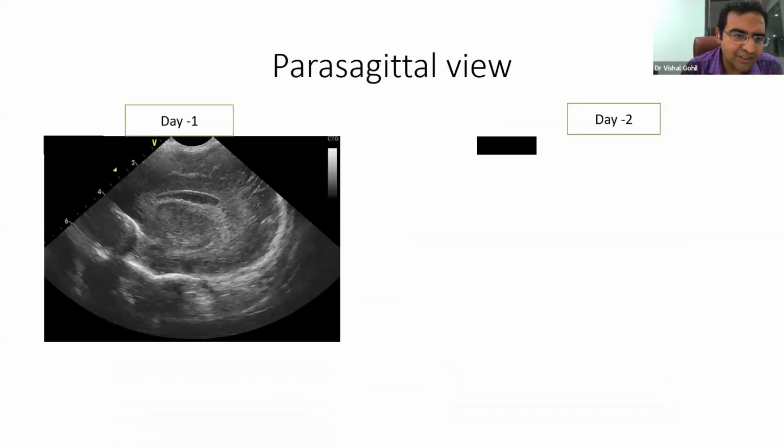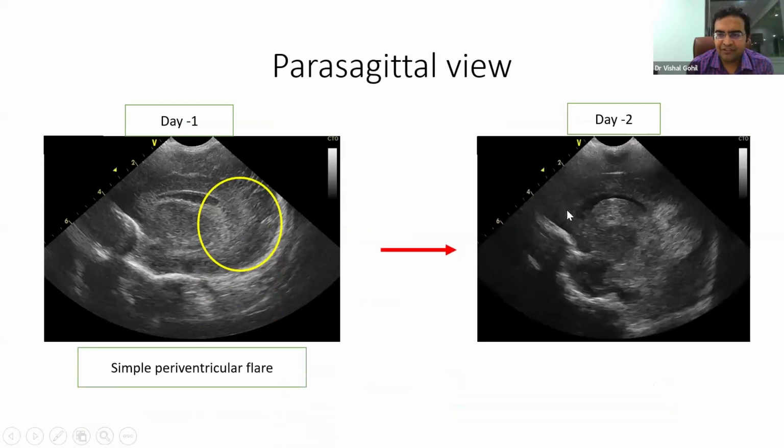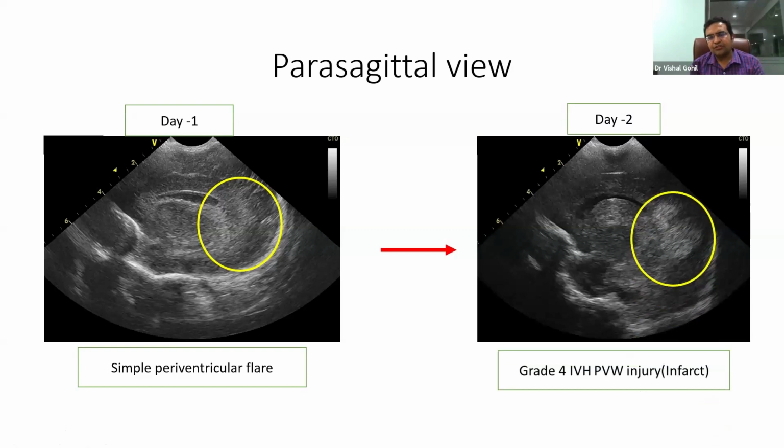The same thing over here in the parasagittal view, you can see there is echogenicity over here. Periventricular flare is over here, like the choroid plexus. Okay, and the same thing happens after a few days. There is a grade 4 IVH over here. So that's why it is important to know your periventricular area, specifically in small preterm babies.